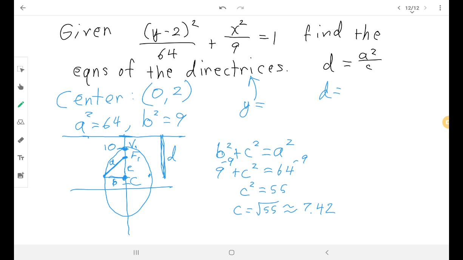So then D is A squared, which is 64, over 7.42. It's actually approximately that, which means that D is approximately, one more time on the calculator, 64 divided by 7.42 is about 8.63.